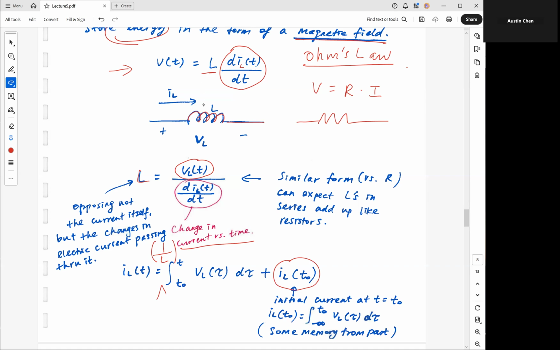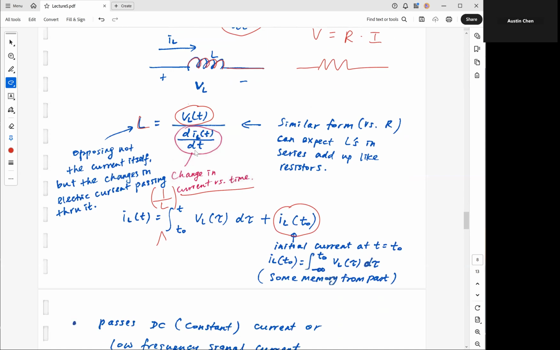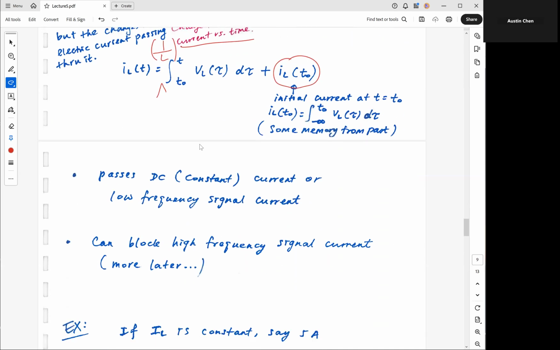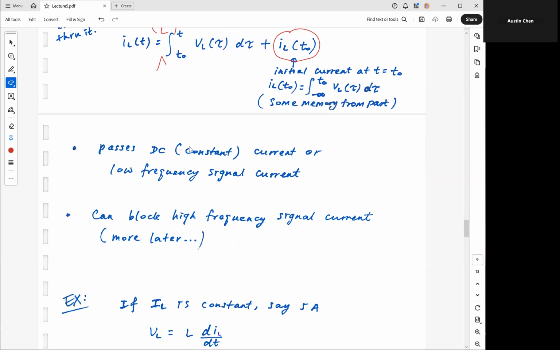All right, so let's look at some more properties. By duality, in the capacitor discussion, we learned that a capacitor can block DC. It blocks constant current. In the context of an inductor, the duality applies. It's sort of opposite. So for an inductor, it actually passes DC.